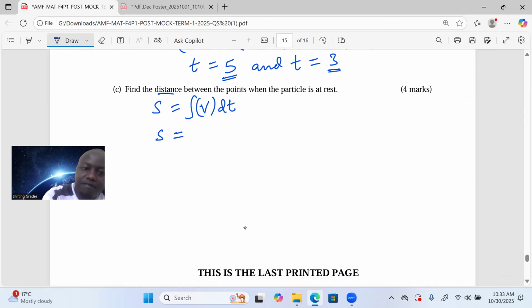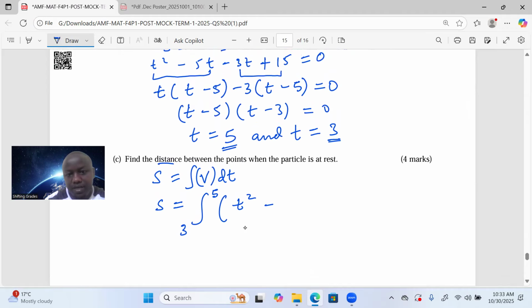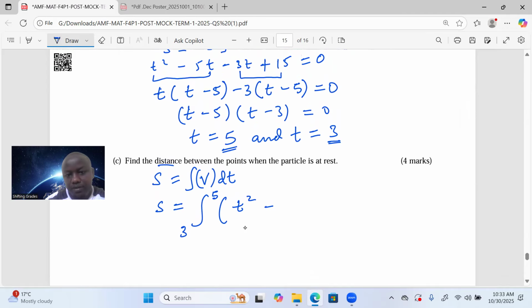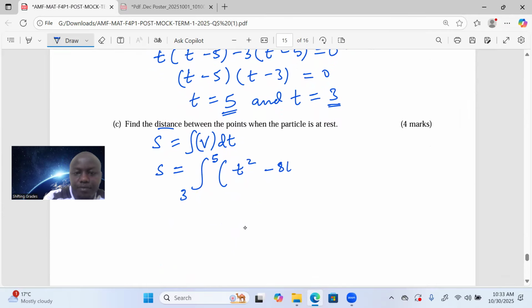And this time we are very specific because we want the displacement from the 3rd second to the 5th. Therefore, we will now be integrating from 3 to 5 the function t squared minus 8t plus 15 with respect to time.